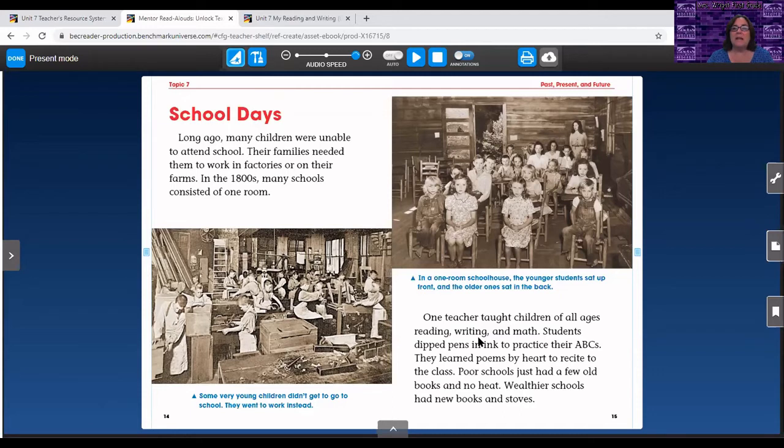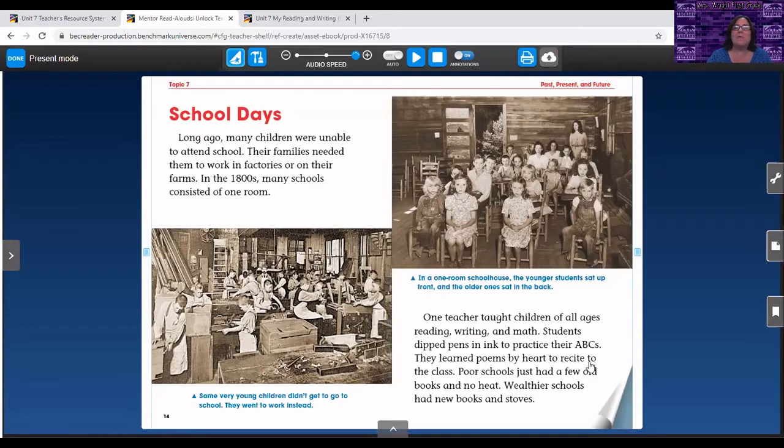So that means students in 1st grade all the way maybe to 12th grade had the same teacher. And then it said they dipped pens in ink to practice their ABCs. So they had a pen and they had to put the ink on the outside of the pen to get it to work. And they had to learn poems by heart to recite to the class.